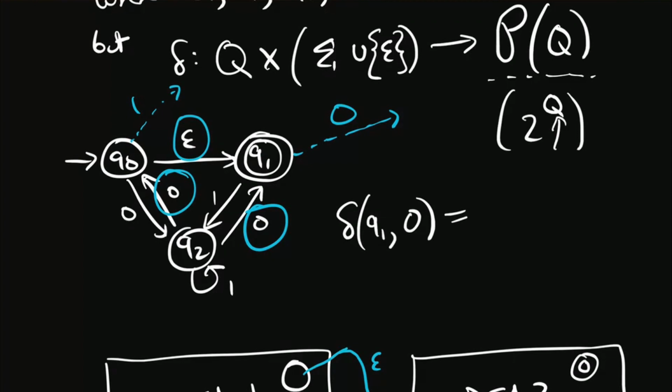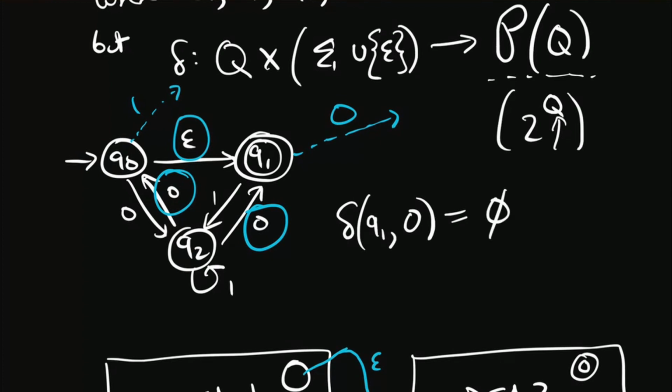Structurally, is it a single state or a whole set of states? It's a set of states. So whatever I put here as the output of going from Q1 on input 0 must be a set always. Does Q1 have a transition on 0? No, so what is the set of states here? The null set, empty set, same thing.